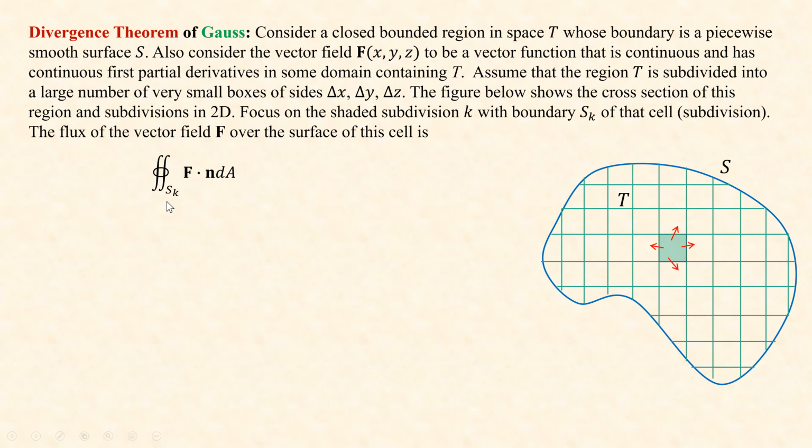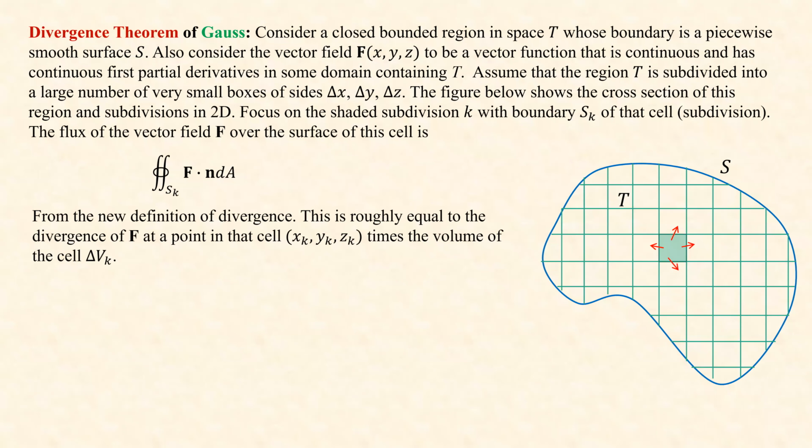surface SK. All right. From the new definition of divergence, this surface integral is roughly equal to the divergence of F at a point in that cell, which we call xk, yk, zk, times the volume of the cell, delta Vk. Remember, this was the definition. The double integral over any surface is the divergence of F if the volume is small enough.